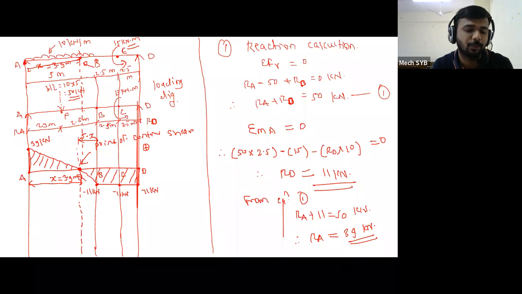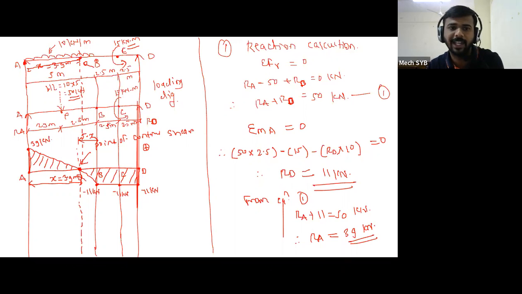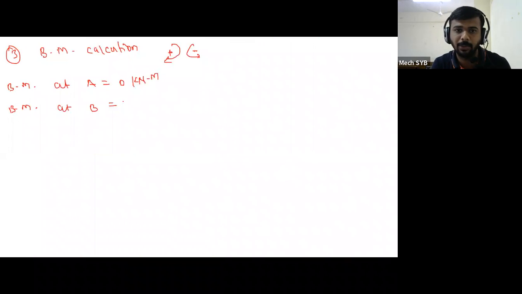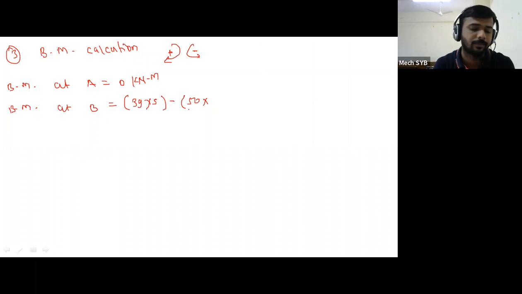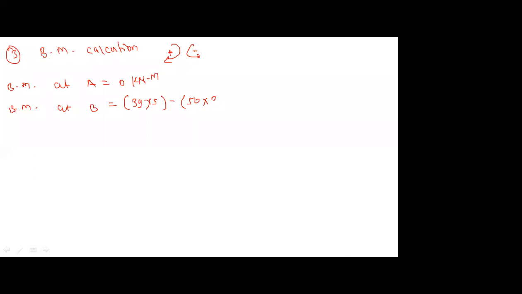So resolve the forces. Reaction RA into RA, the value is 39 into 5 minus 50 into 2.5. What is this answer?